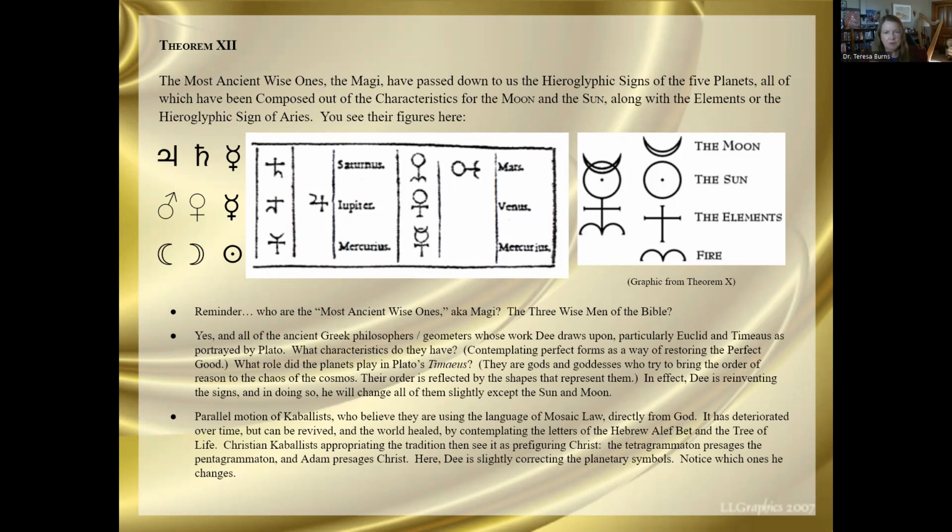And after a lot of reflection, they sometimes fix things that seem like maybe they deteriorated a bit but could be revived. And they do that by contemplating the letters of the Hebrew alphabet, the Kabbalah names associated with the tree of life.